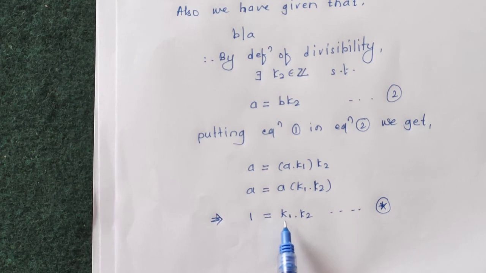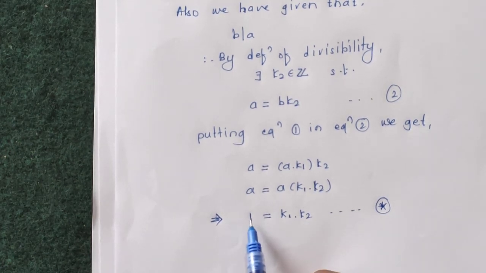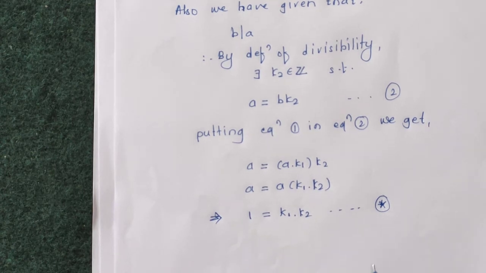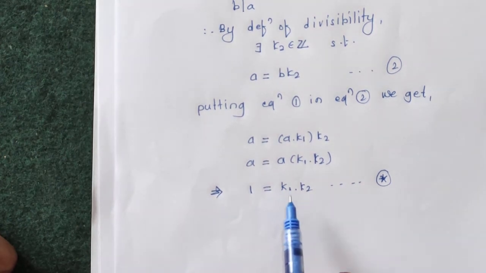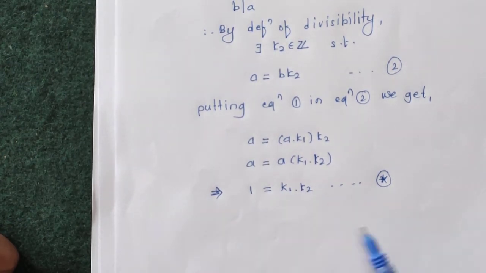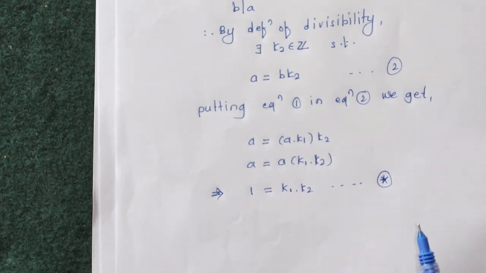Either k1 is equal to 1 and k2 is equal to 1, then we get 1 into 1 as 1. Again, is there any other possibility? Think about it. If k1 is equal to minus 1 and k2 is again equal to minus 1, so minus 1 into minus 1, we will get 1.